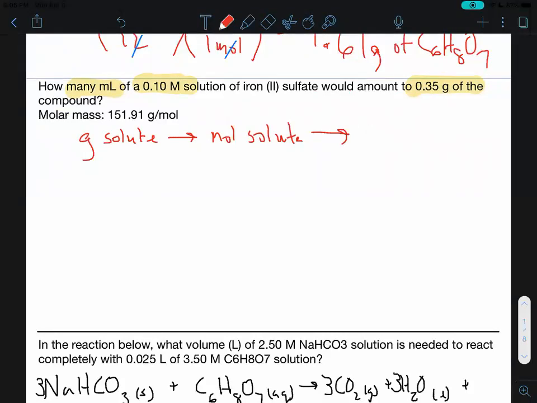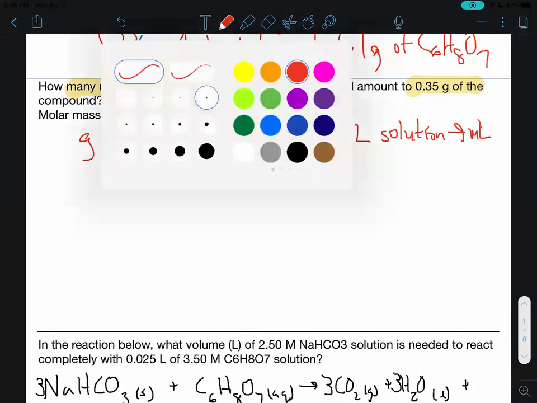my units are going to be milliliters. So actually, to get to milliliters, I have to start with liters of solution. Then I can convert to milliliters, which is simple, just move the decimal place over. We don't really have to put in a conversion factor for that step, but we will this time.